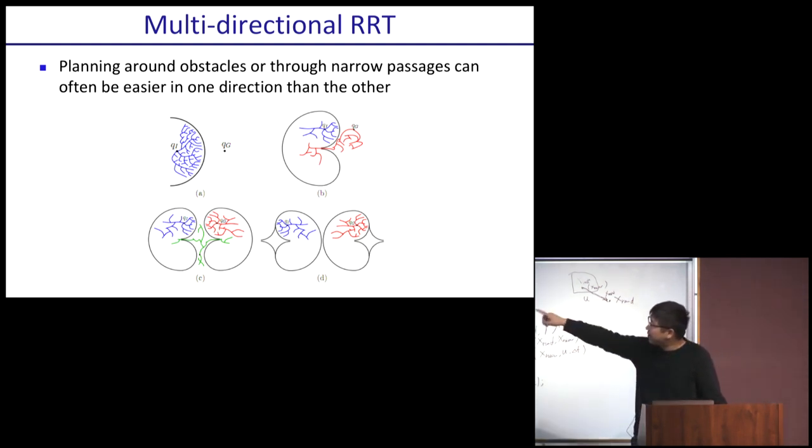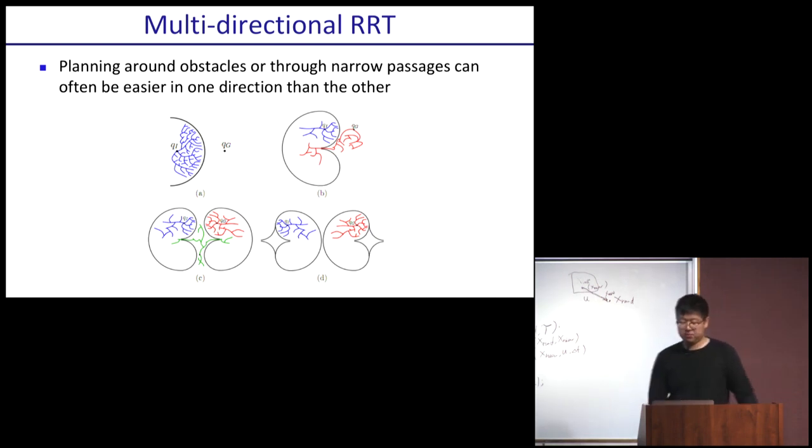The top right figure shows that the blue one can hardly explore the trajectory, but the red one from outside can easily go into that narrow trajectory. So this is the case when you want to use multi-directional RRT.